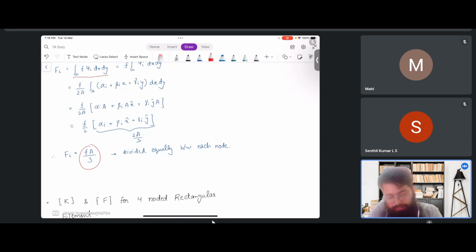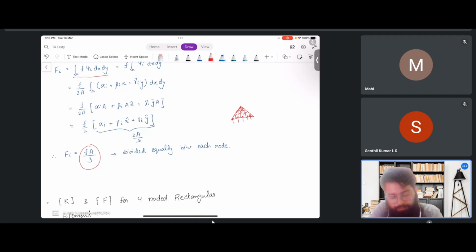So that means whatever the load is on this entire triangular element, f refers to the body load. Consider these arrows acting perpendicular to the paper.